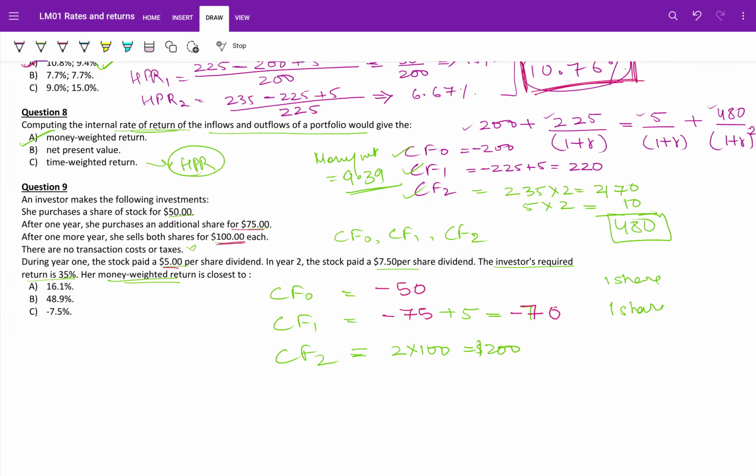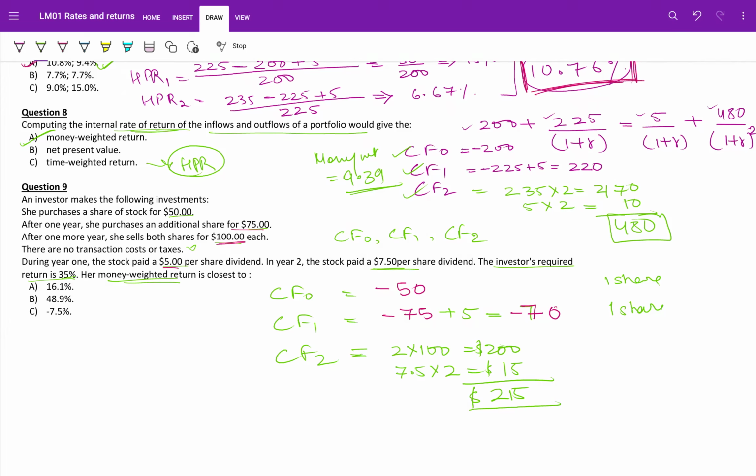And in year two, the stock paid $7.5 per share, so there is $15 of dividend. So this is going to be $215 of total cash inflow. So cash flow at time 0 is minus 50, cash flow at time 1 is minus 70, and cash flow at time 2 is 215.